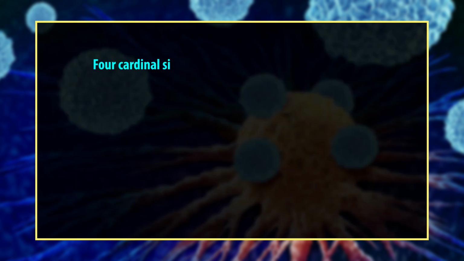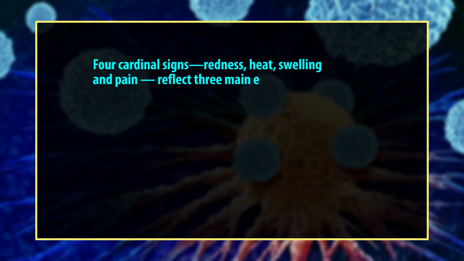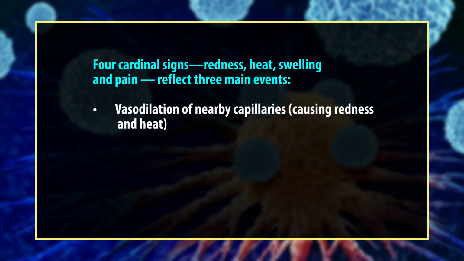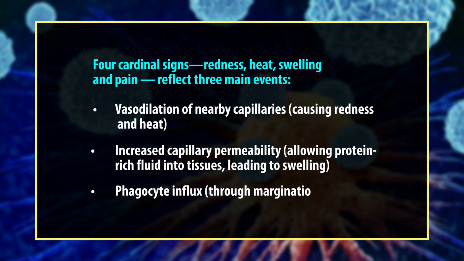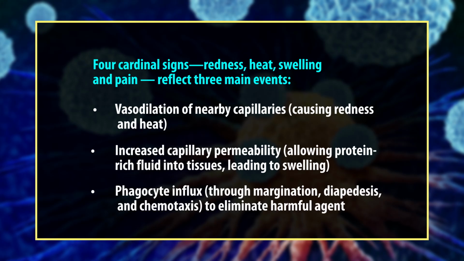The four cardinal signs, which are redness, heat, swelling and pain, reflect three main events: vasodilation of nearby capillaries causing redness and heat. Next is the increased capillary permeability, allowing protein-rich fluid into tissues leading to swelling, and phagocyte influx through margination, diapedesis and chemotaxis to eliminate harmful agents.